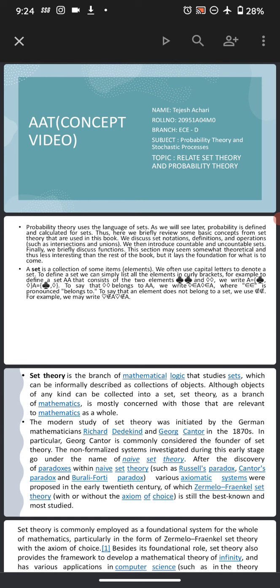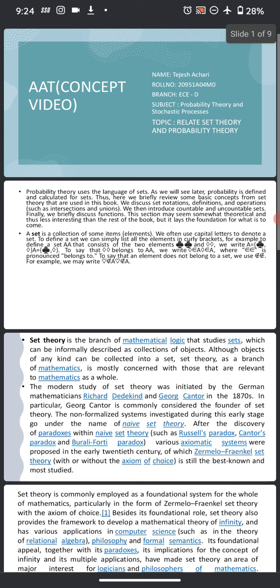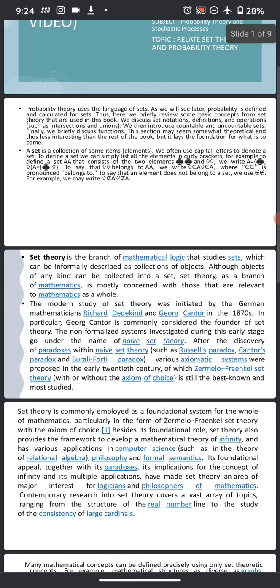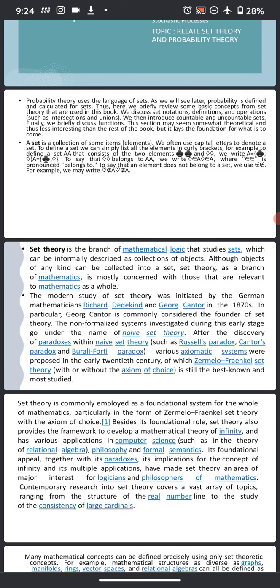This section may seem somewhat theoretical and thus less interesting than the rest of the book, but it lays the foundation for what is to come. A set is a collection of some elements. We often use capital letters to denote a set. To define a set, we can simply list all the elements in curly brackets. For example, to define a set A that consists of two elements, we write A equals, and so on.